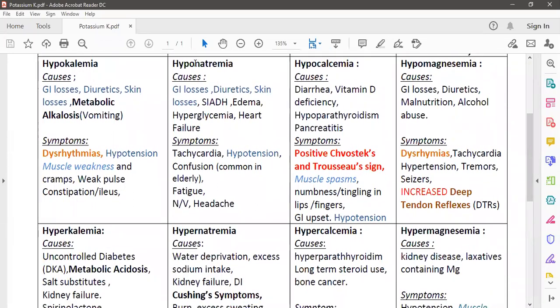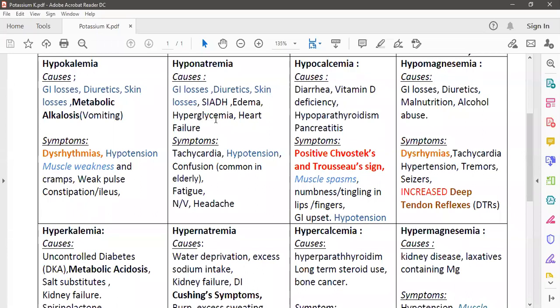Hyponatremia. What are the causes of hyponatremia? Like hypokalemia, GI or gastrointestinal losses. Gastrointestinal loss means diarrhea, vomiting, or excessive sweating. It is called skin loss.